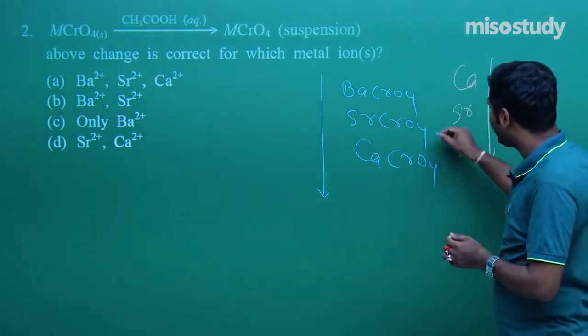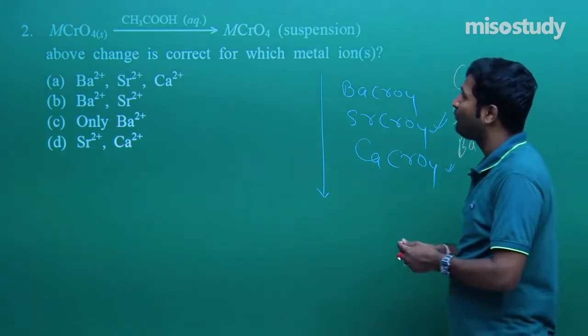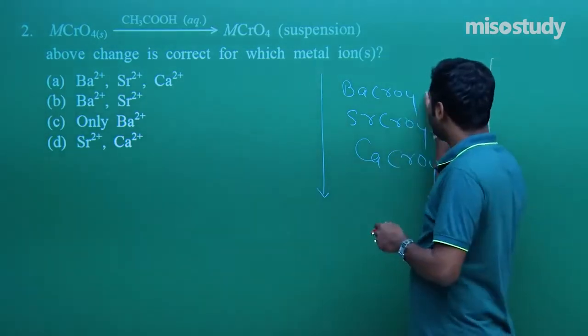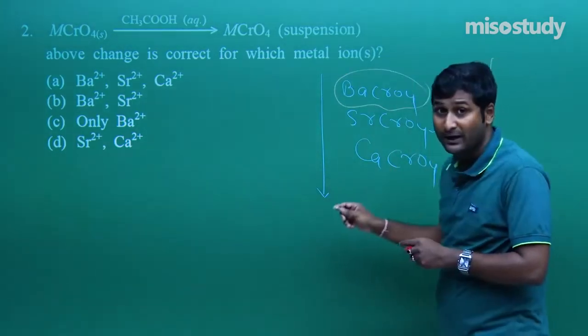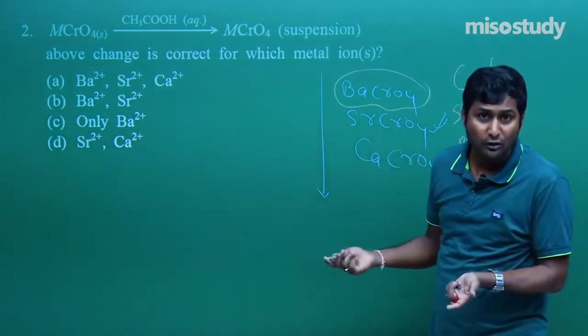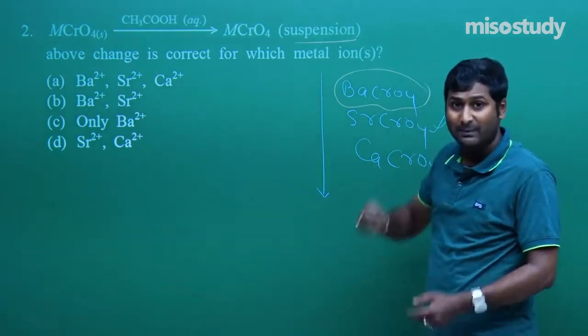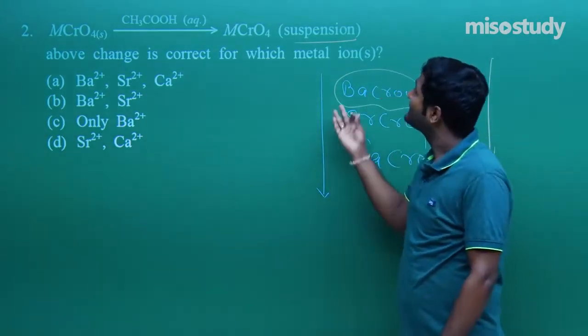So definitely we can say CaCrO4 and SrCrO4 are soluble, and BaCrO4 is not soluble. That means it will form a suspension. Suspension is not soluble. So which alkaline earth metal cation will form a suspension?